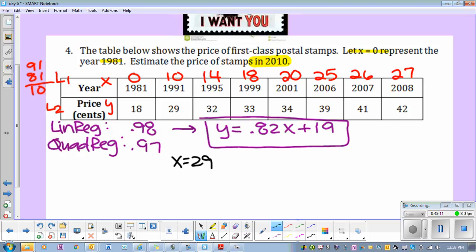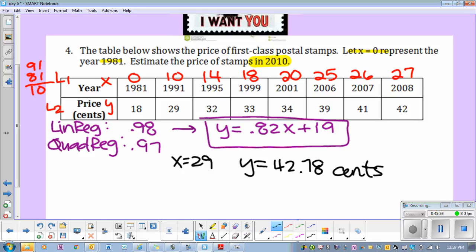Oh my God, this is actually a really old problem. 42.78. What is it, cents? Didn't it say cents? Yes, it does.